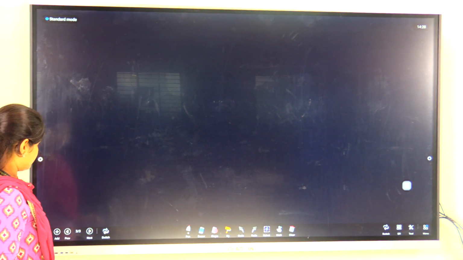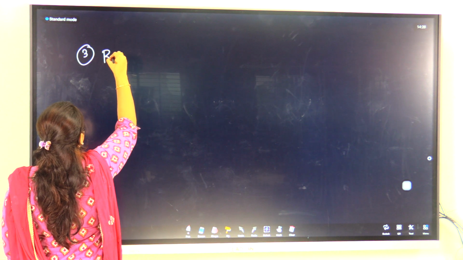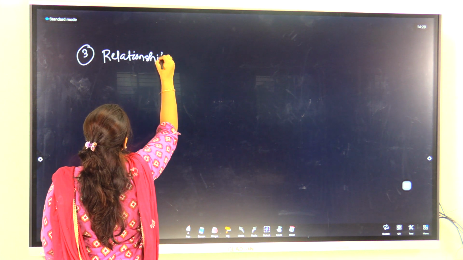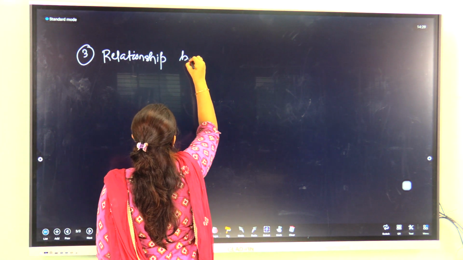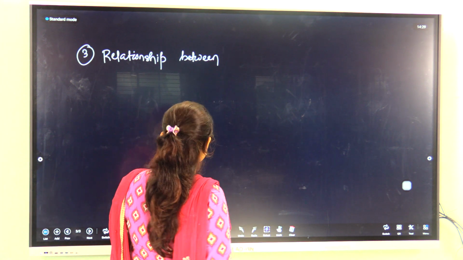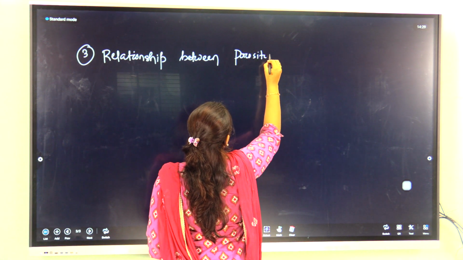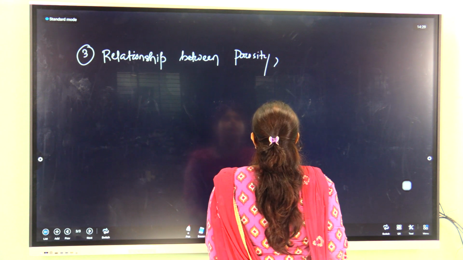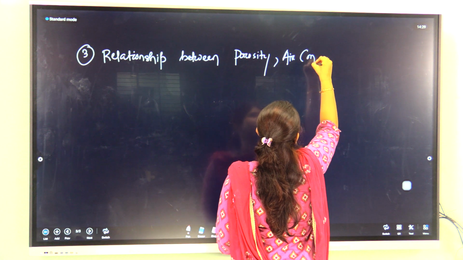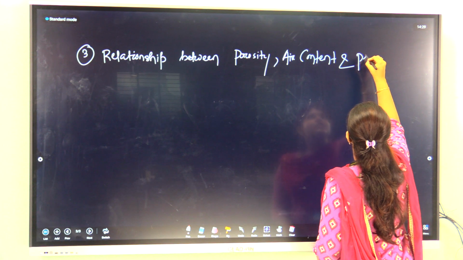Another. Now, the relationship between porosity, air content and percentage air void.